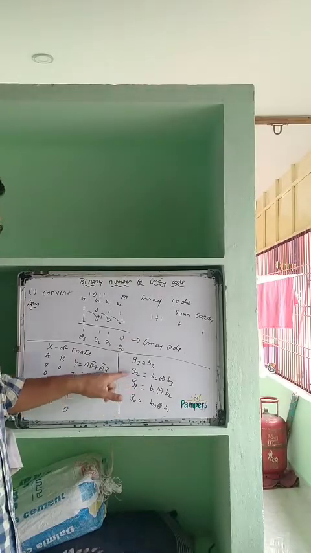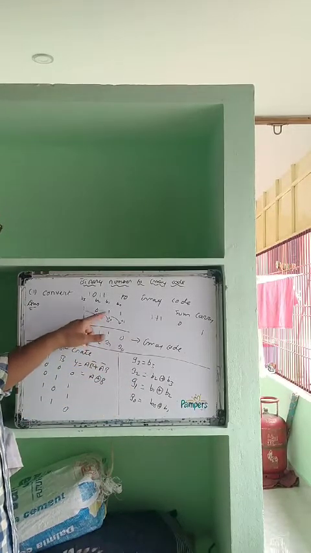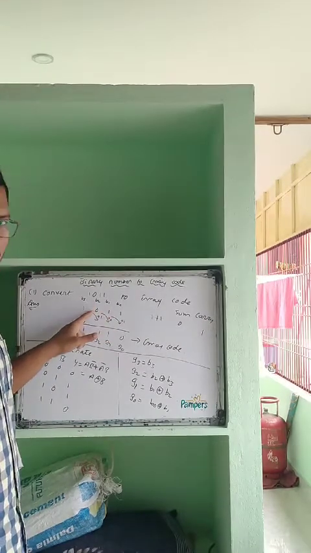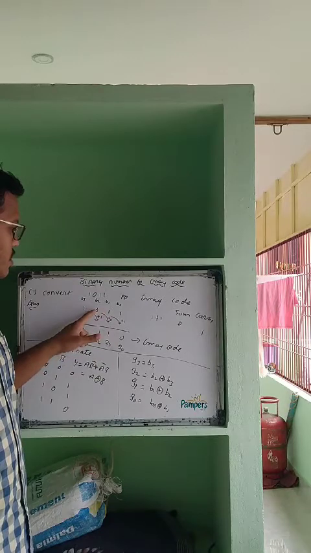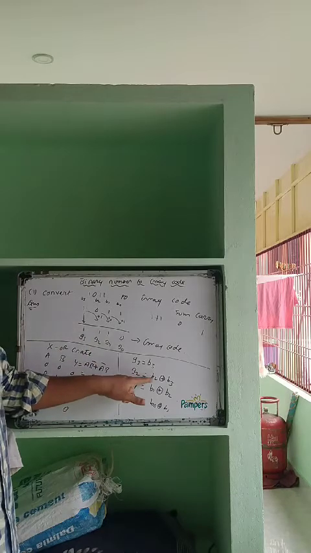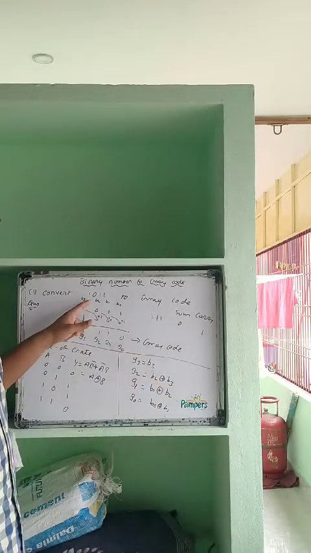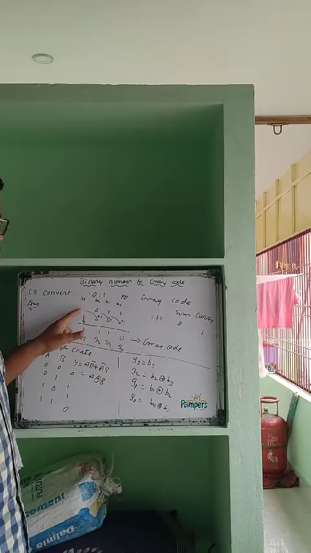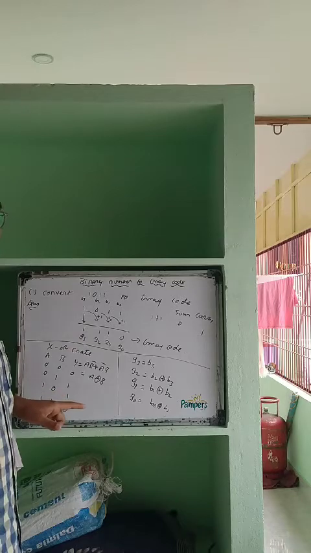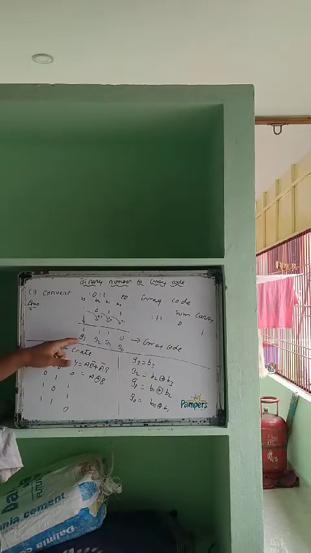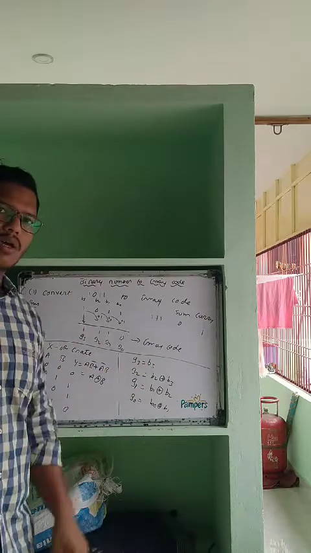So G1: B1 value is 1, B2 value is 0, so 1 XOR 0 gives 1. Like that, B2 XOR B3: B2 value is 0, B3 value is 1, so 1 XOR 0 gives 1. So G3 is equal to B3.